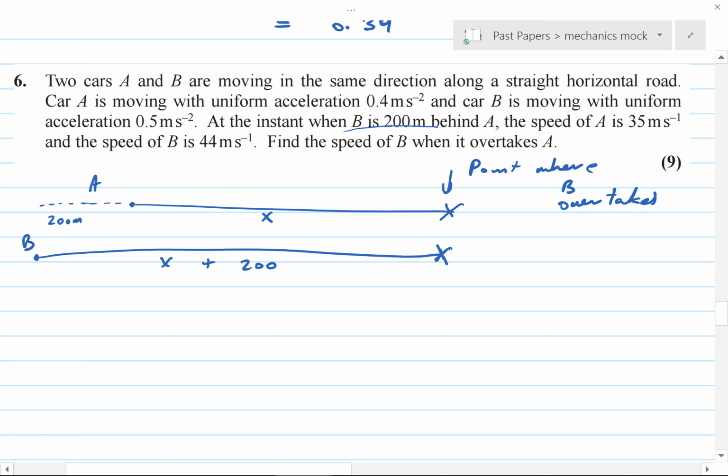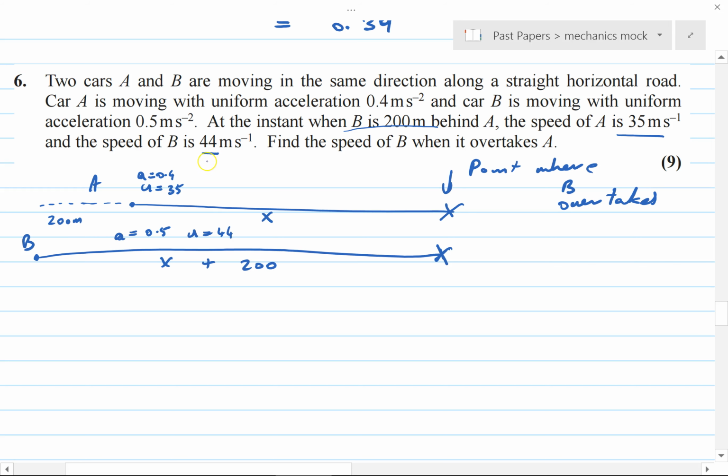So the thing that's common, the thing we're given for both of them, is the accelerations and the initial velocities. For A, its acceleration is 0.4, and u is equal to 35, and for B, a is equal to 0.5 and u is equal to 44.